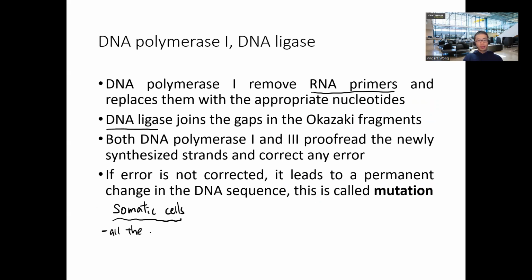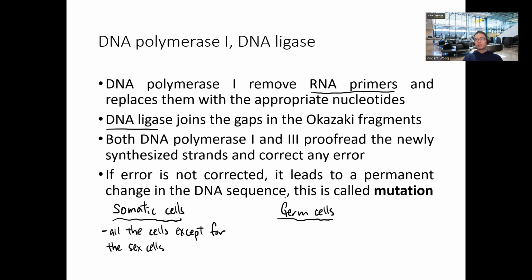All the cells in our body except for the sex cells. Okay, so sperm and egg excluded, everything else is a somatic cell. The germ cells are the other group of cells that we have. Now, this is a little bit confusing for a lot of people.